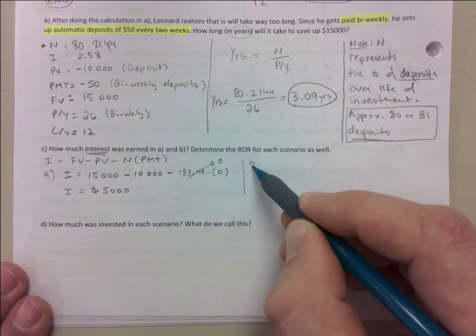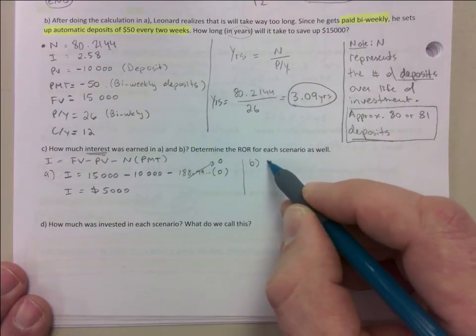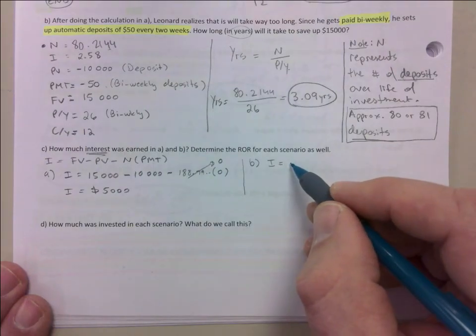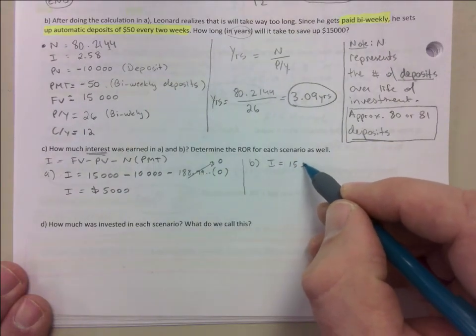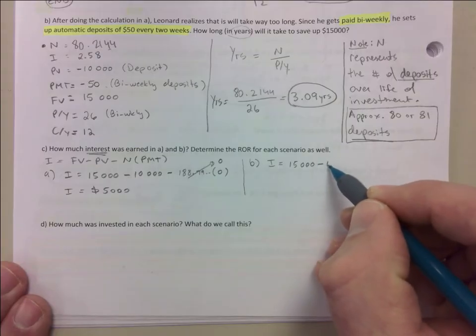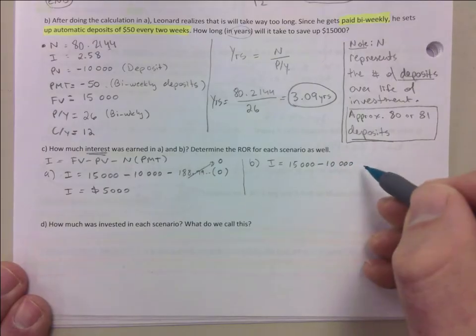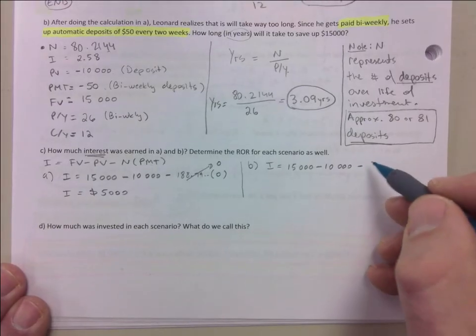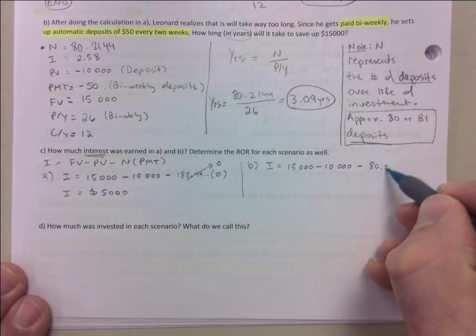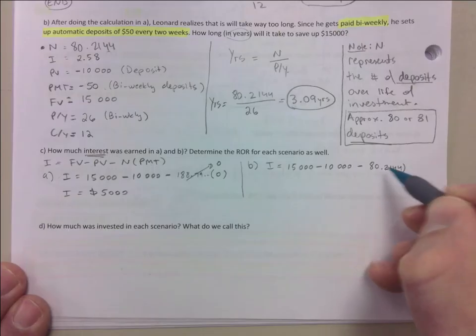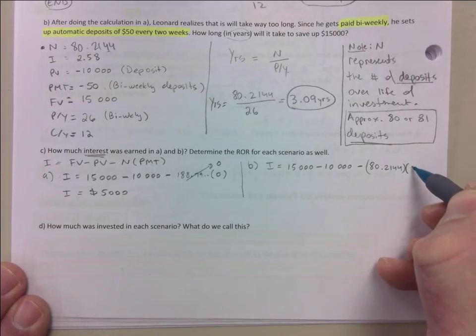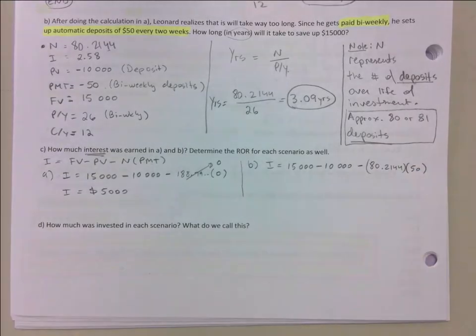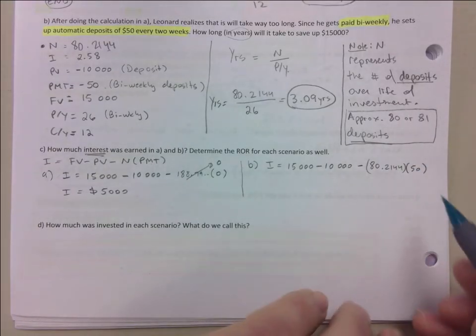For B, if I use the same formula, it's future value minus present value minus 80.2144 times payment. Payment is $50, like my regular PMT.